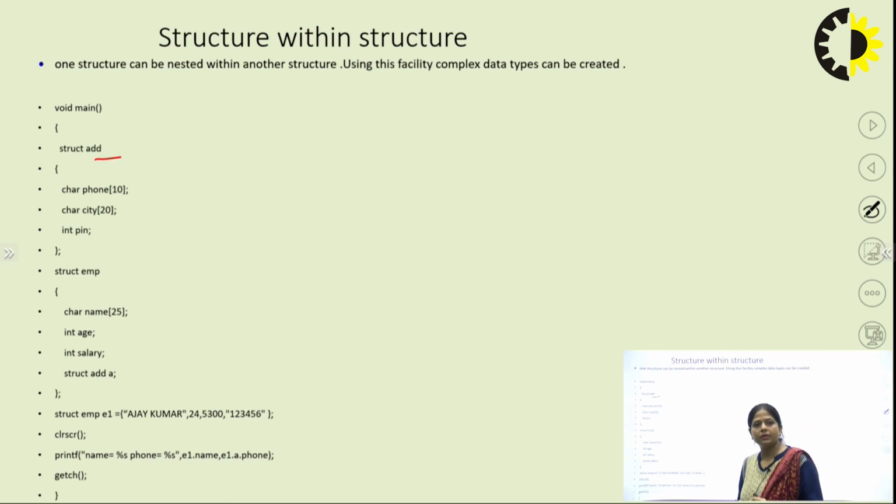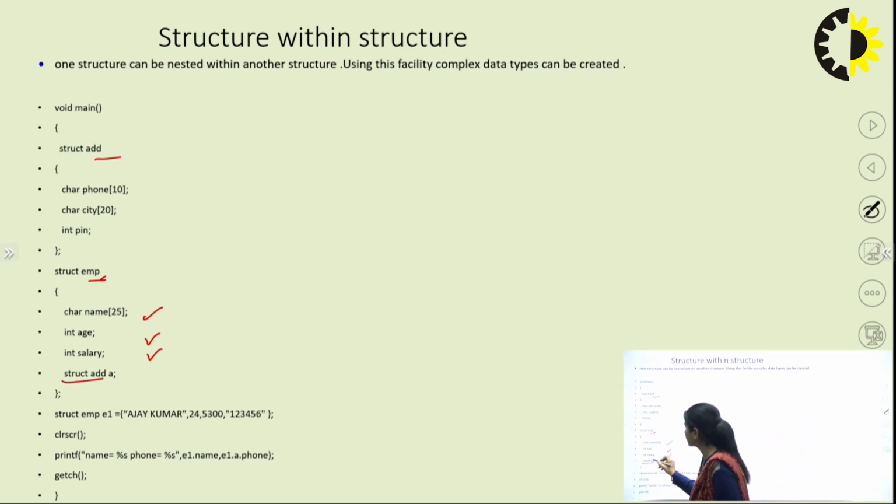Another structure I have declared is of type employee, and within this employee structure we have name, age, salary, and here I have declared a structure variable of structure address.